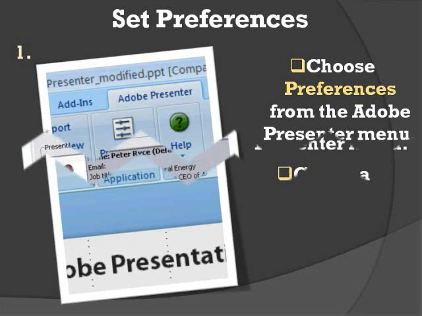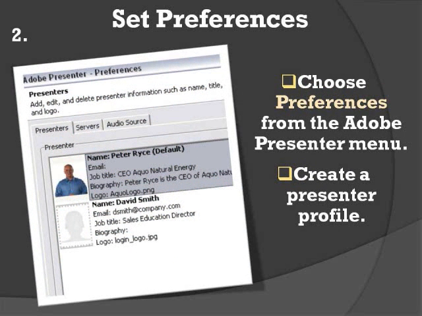Here's a slide that gives a little personal information about you, who you are, your email, maybe a website that they can use to contact you, and other information that can be pertinent to the presentation. This is just part of the preferences, and like I said, you want to do this first before you start your presentation.